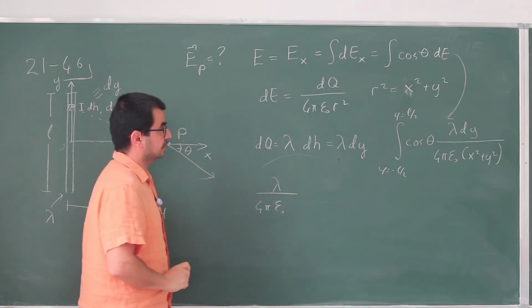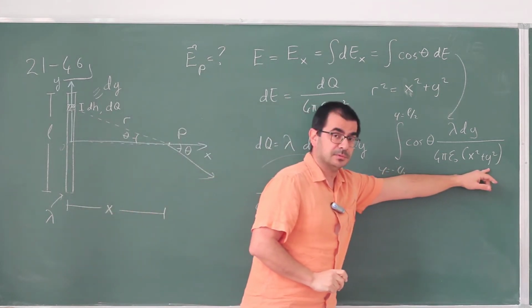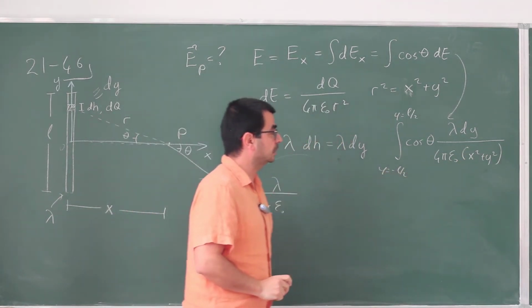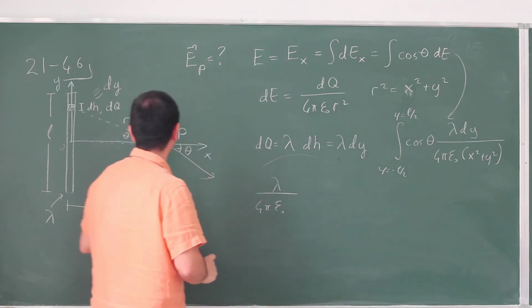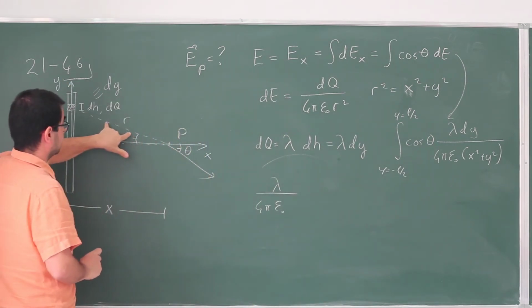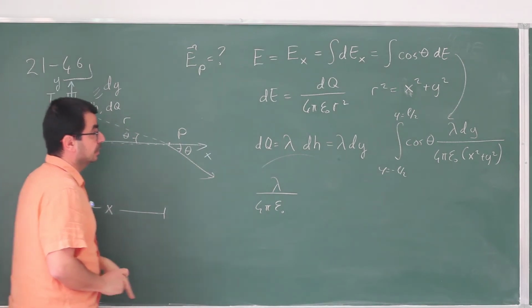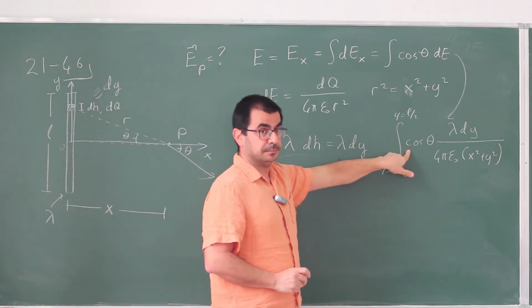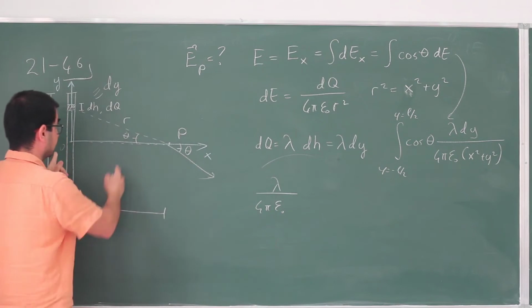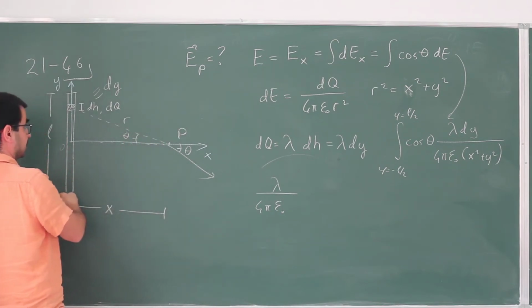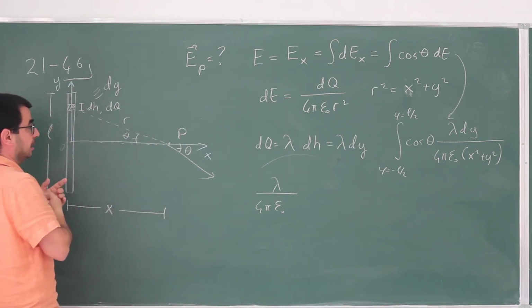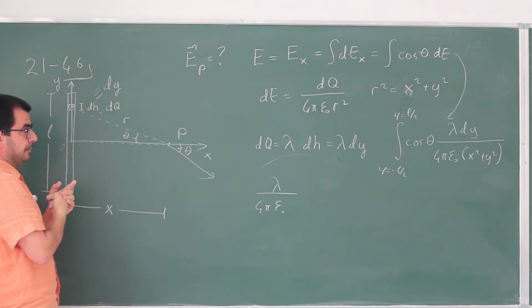These are constants, so I can take them out. I cannot take this x squared plus y squared out because y is a variable as I move along. This distance r is going to change. That's evident. I can't take this cosine theta out either, right? As I move along this rod, this theta is going to change. It's going to start at some negative angle over here, and it's going to end up at some positive angle over there.